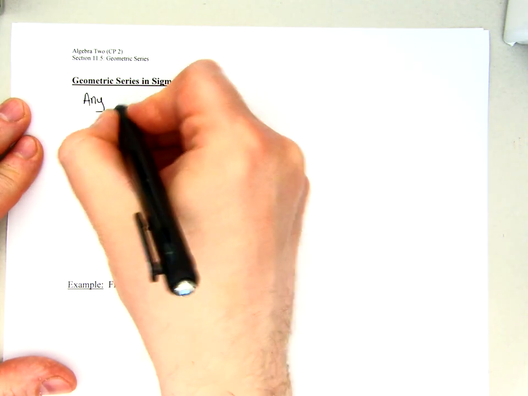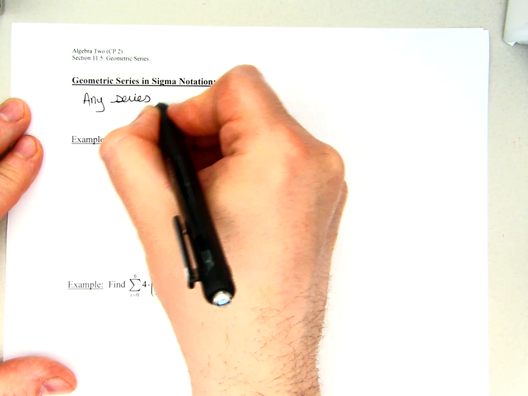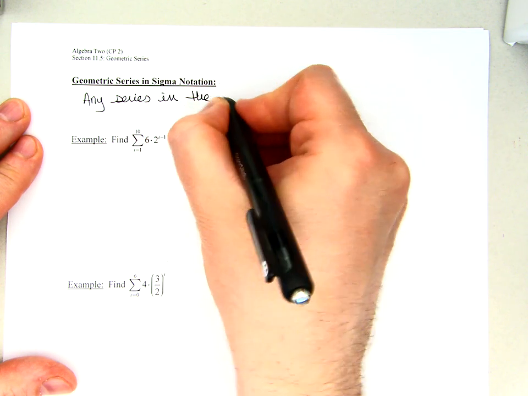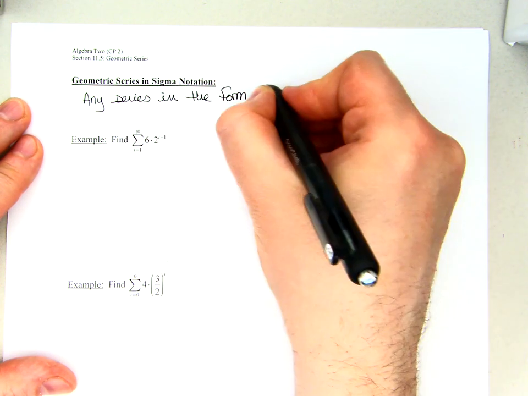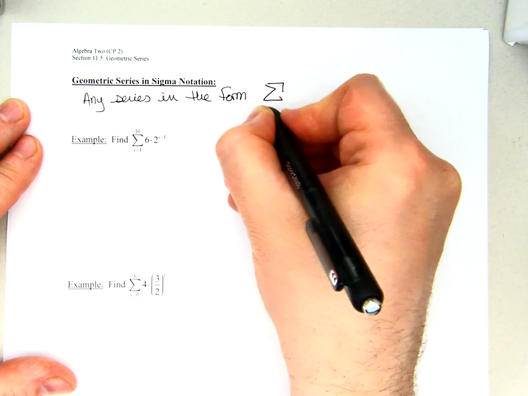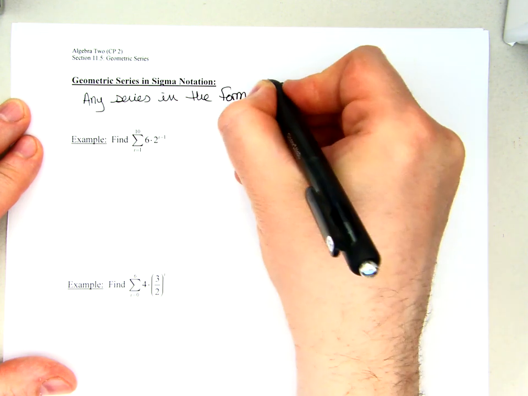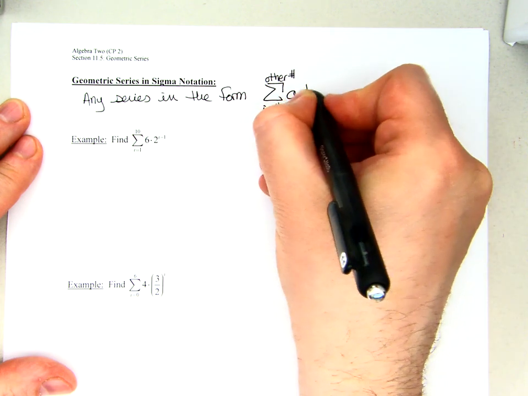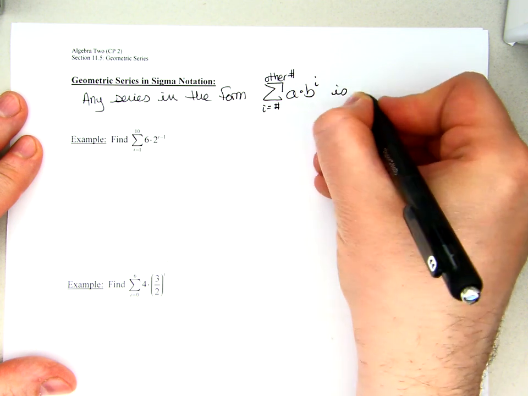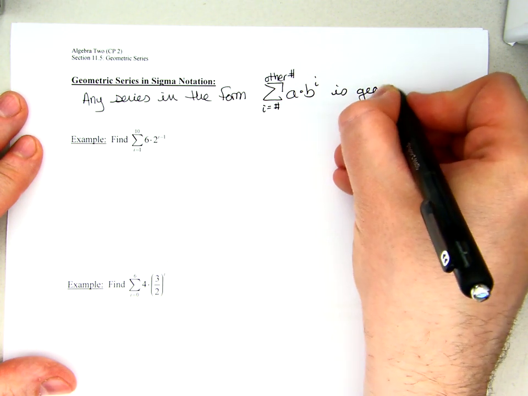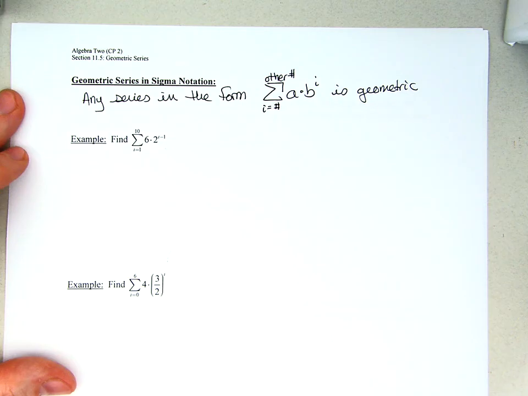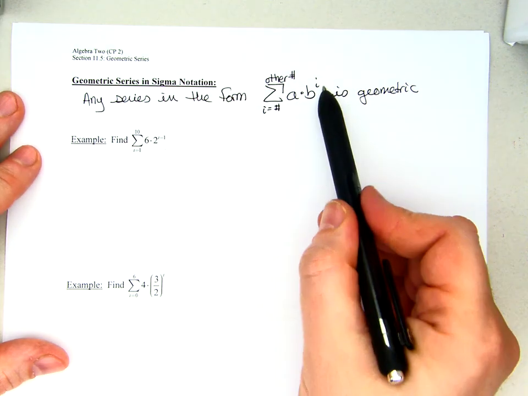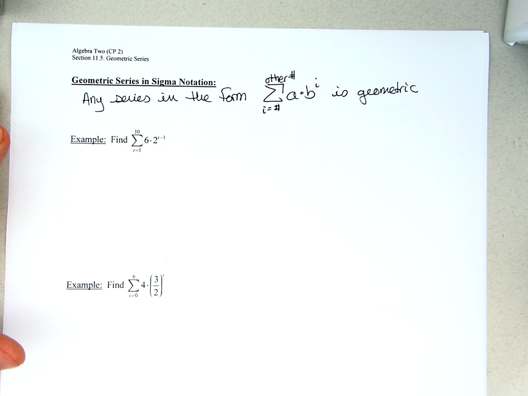Any series in the form the sum as I goes from some number to some other number, a times b to the I, is geometric. Any time that our variable is in the power, and I'm saying I, it could also be I minus 1, I plus 1, any of those things. Get that line in your notes, please.